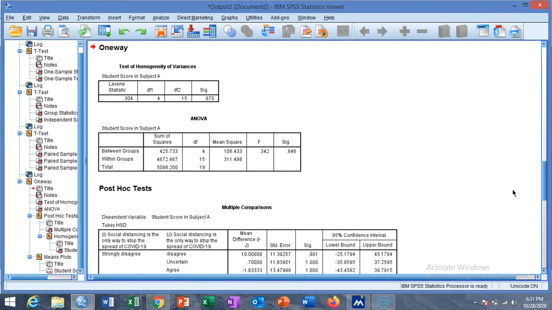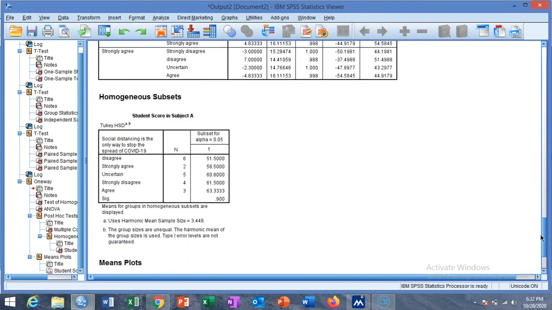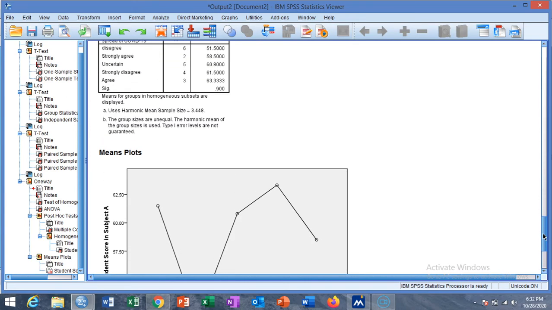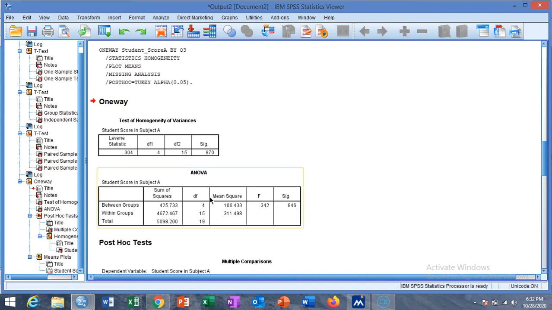You will see the analysis of variance table, which gives the between sum of squares value and within group values, and the degrees of freedom are 4, 15 and 19 for the total sum of squares, and the F value is 0.342 and the p value is 0.846, which shows that the means are the same for all groups.